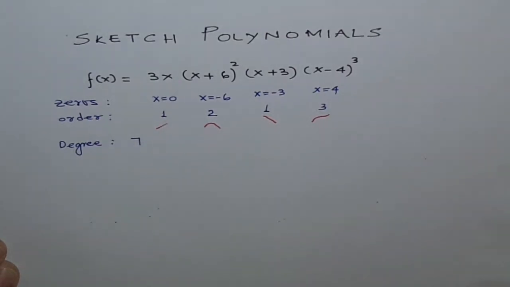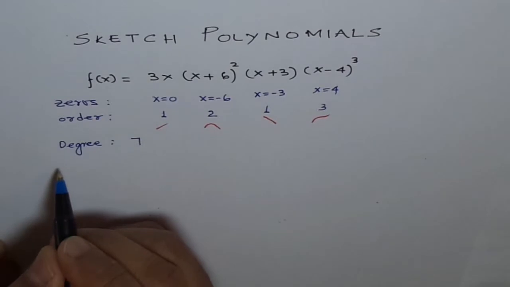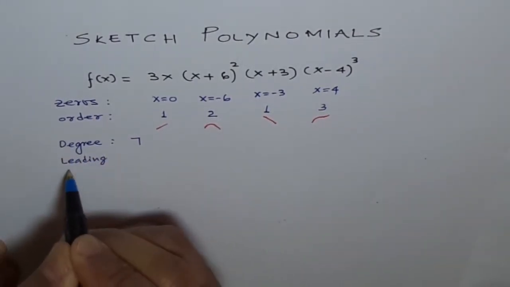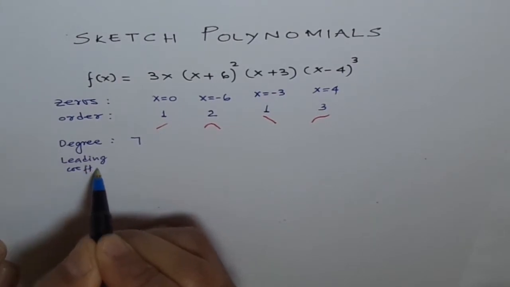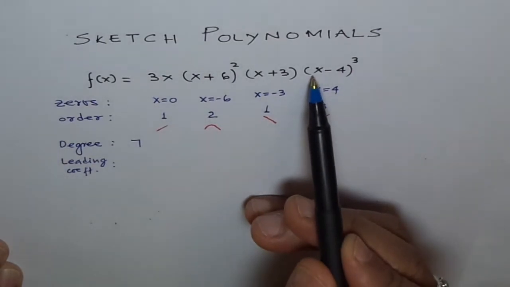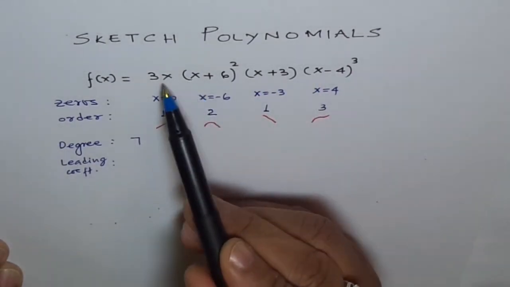And now we will calculate the leading coefficient. It is not important to find the value of the leading coefficient. The sign of the leading coefficient is enough to sketch our polynomials. The sign of this x is plus, this is also plus, this is also plus, this is also plus.